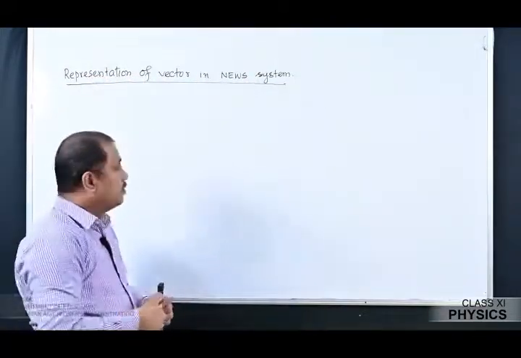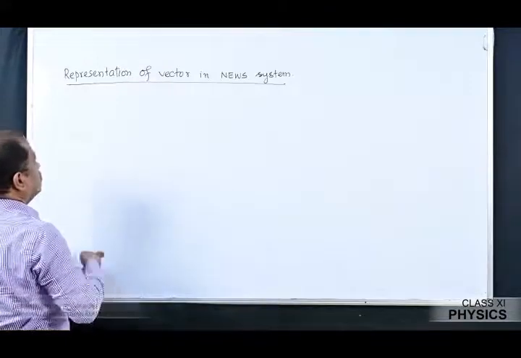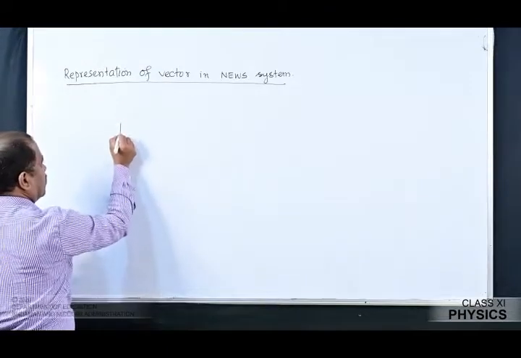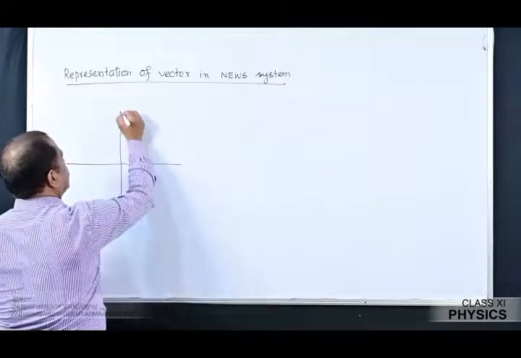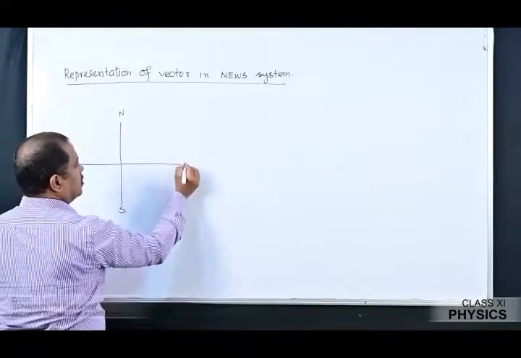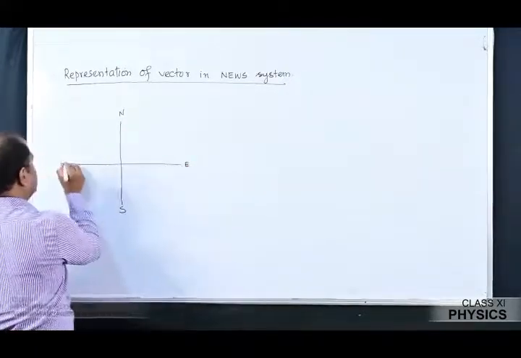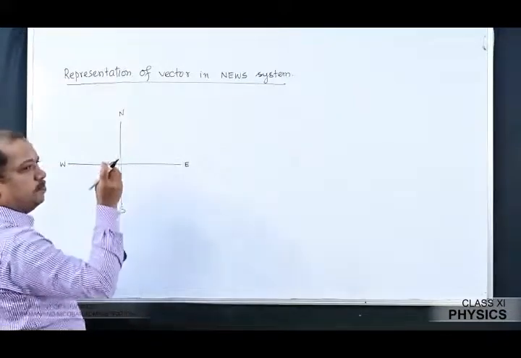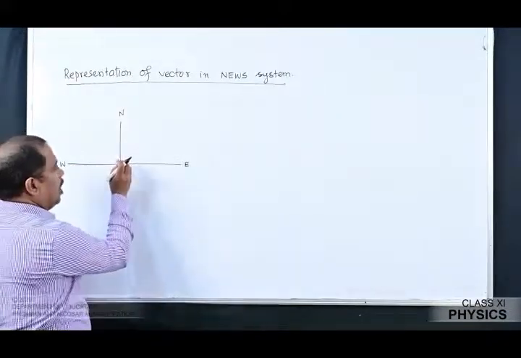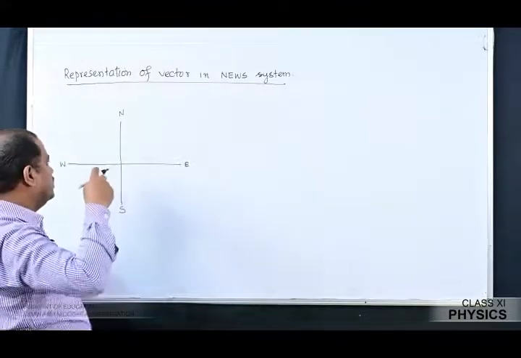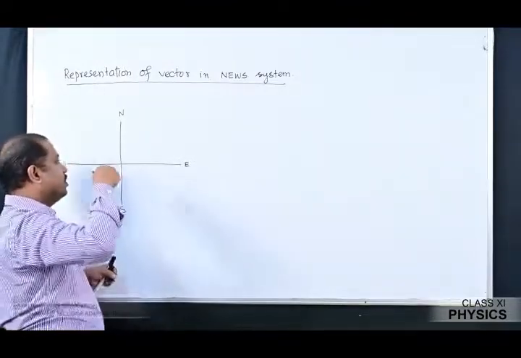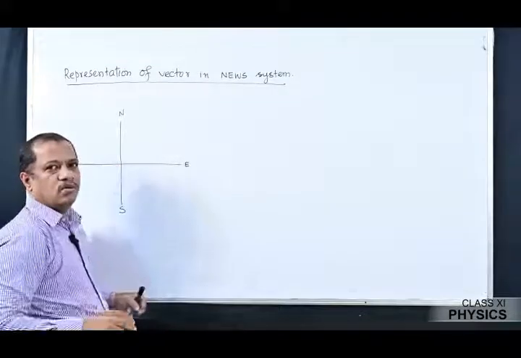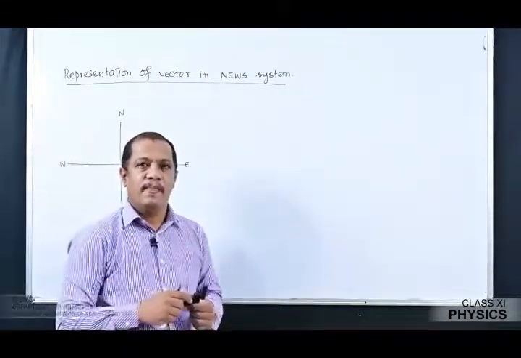So thus, on my board or on my paper, I would be representing north like this, south, east and west. This will be perpendicularly outward to the plane of the board, and the direction going into, I will be calling that perpendicularly going into the plane of the board. So 6 directions we can have.